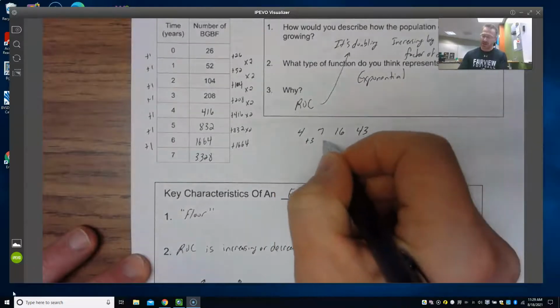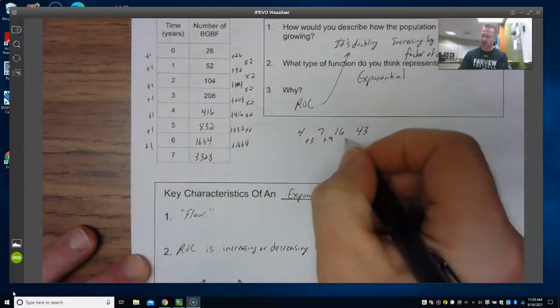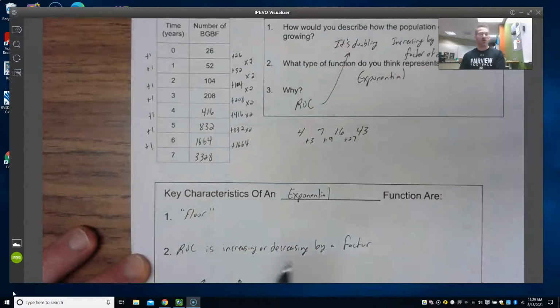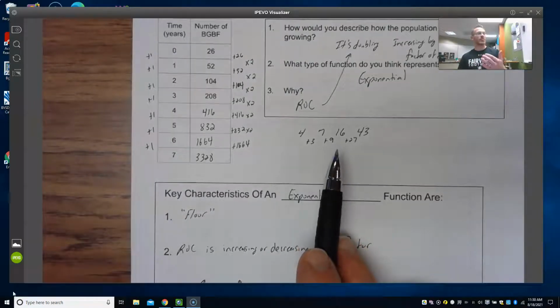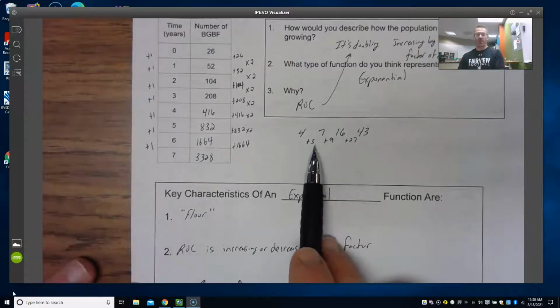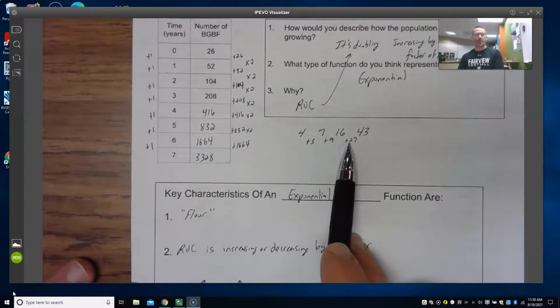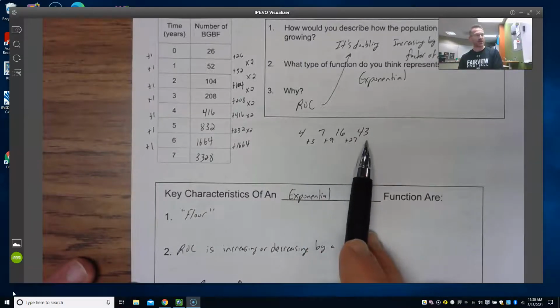Then I go from 7 to 16, I go up 9. And then 16 to 43, I went up 27. So notice my rate of change is not changing by the same amount like a quadratic, because it would be plus 3, plus 3, plus 3. But it's increasing by a factor of 3. So 3 times 3 is 9, 9 times 3 is 27. Then I would do 27 times 3.